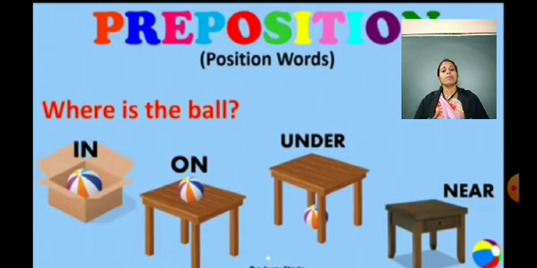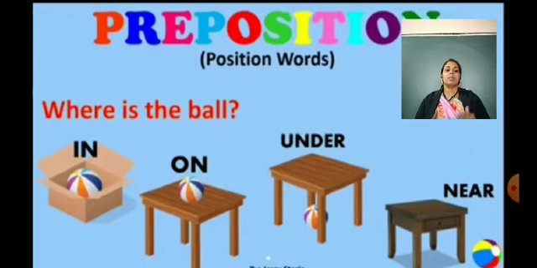In the second picture, you can see that the ball is kept on the table. In picture number 3, you can see that the ball is under the table.